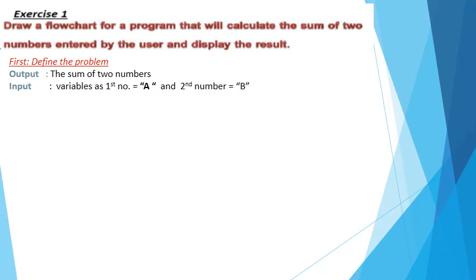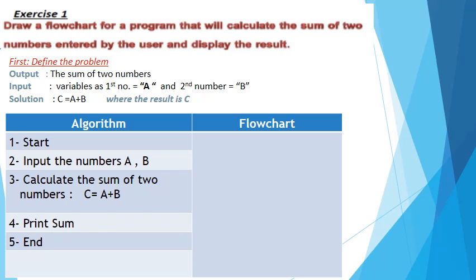The input, I want the sum of two numbers, so I must enter two numbers. And we said we use variables in drawing the flowchart. So the first number will be A and the second number will be B. The solution steps: C equals A plus B, where C is the result or the sum. This is the algorithm.